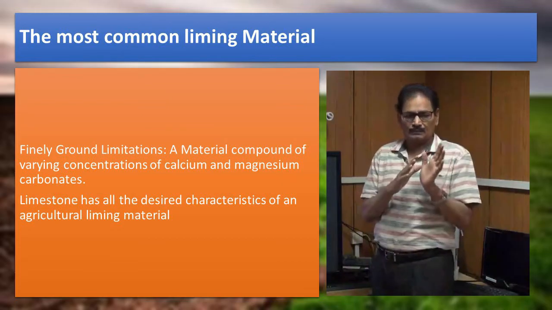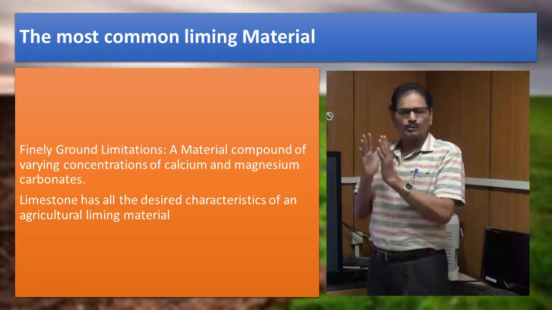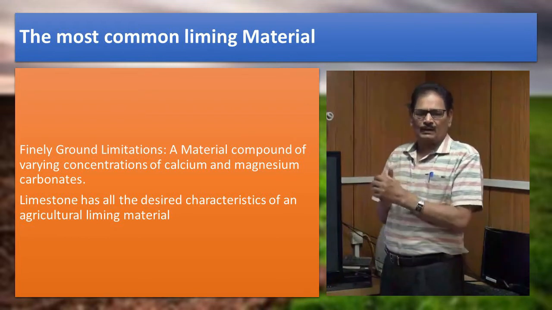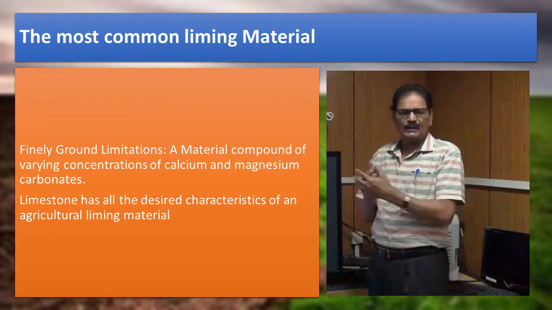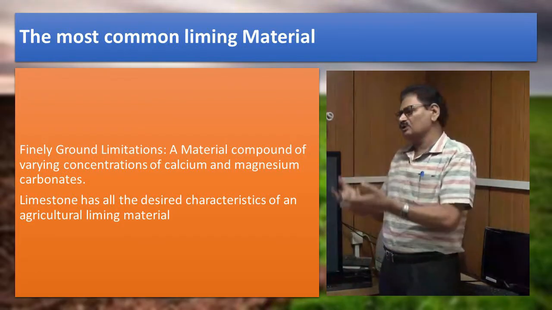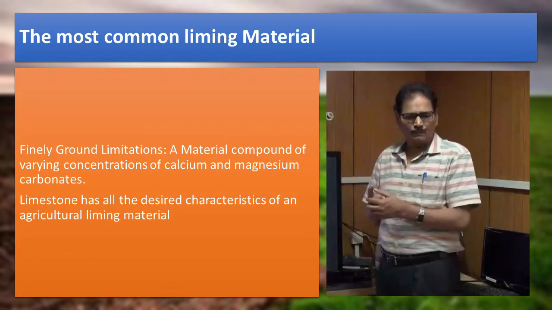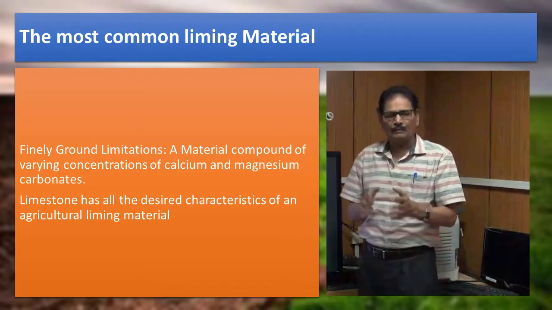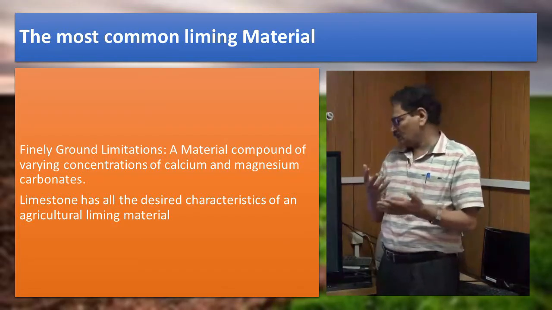In broadcasting application, we have to apply 40 to 50 quintal lime per hectare, but the furrow application is very economical. We can reduce that dose to 4 to 5 quintal per hectare, and our poor resource farmers can adopt this technology.